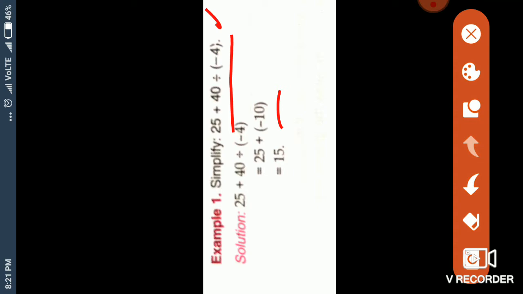There is plus, and inside the bracket is minus, then plus and minus. In my first lecture I explained to you, plus multiplied by minus gives minus. So the question will take this form: 25 minus 10. Understand? Then what will it give? It will give 15. 25 minus 10. Understand?